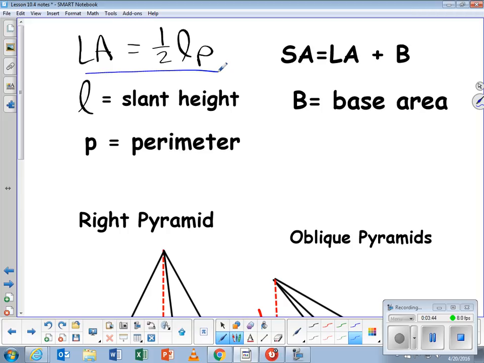I have to be careful here. I didn't identify this, but this is only true for a regular pyramid. Okay, this formula only works for regular pyramids.